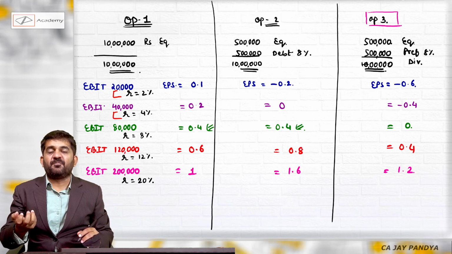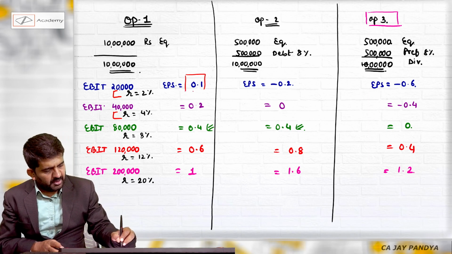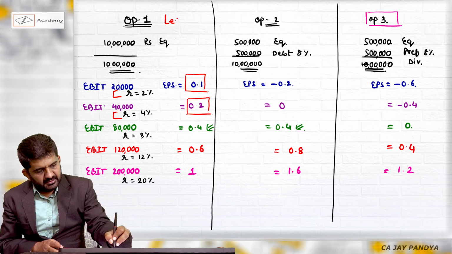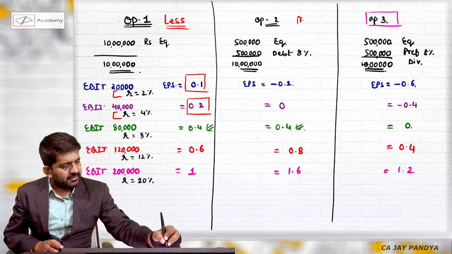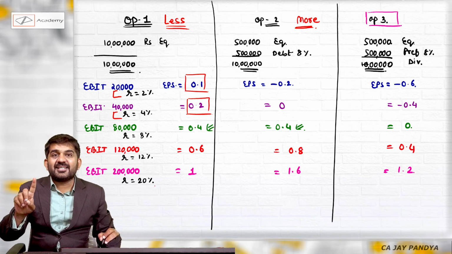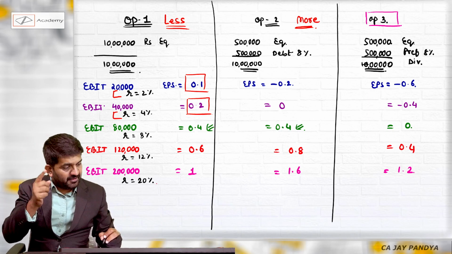You are having unfavorable leverage, so you will always be going with the less risky plan. This is less risky, this is more risky. And please understand, you are never selecting that preference shares plan.